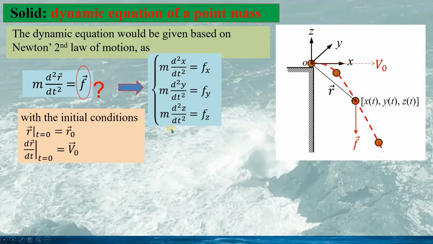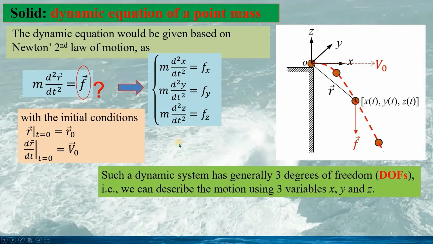As such, we can also write the dynamic equation into the component form given as this. Therefore, for such a system, we have 3 degrees of freedom, DOFs. This means the motion can be fully described using 3 variables, x, y, and z.